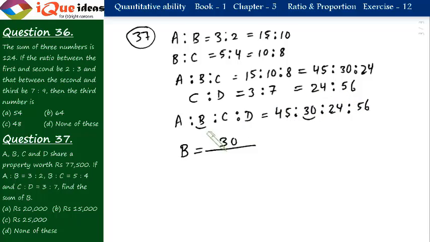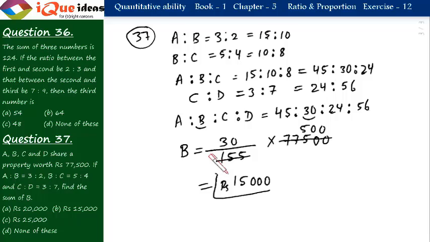So 75 plus 80 would be 155. 155 into 77500. Now 155 5 times is 775. So it is 500. So 30 into 500, which is equal to 15,000. So the answer of this question is 15,000. Okay.